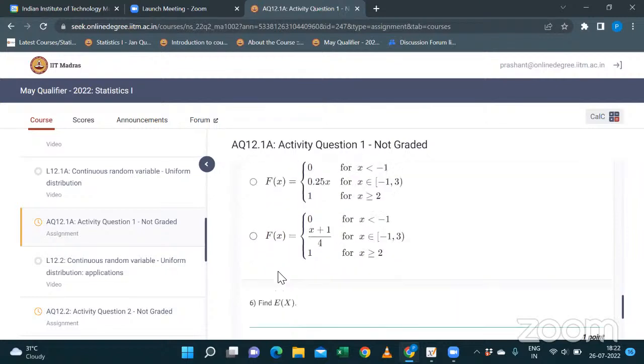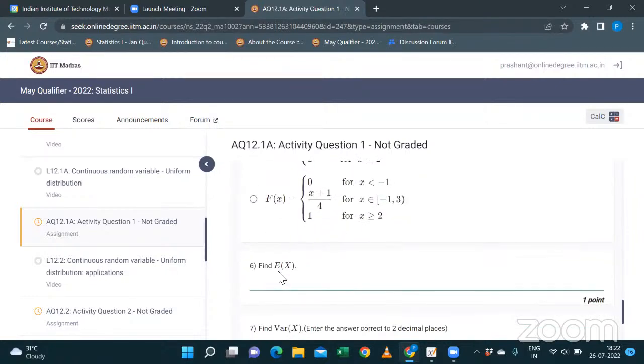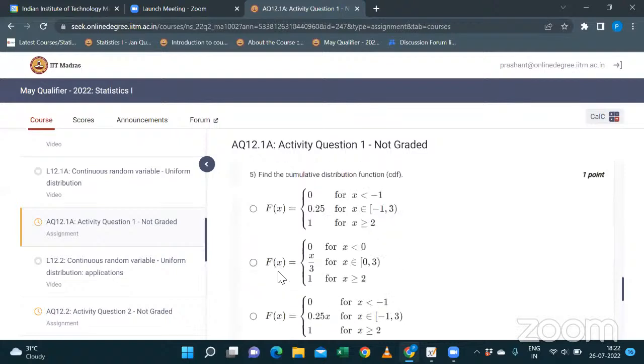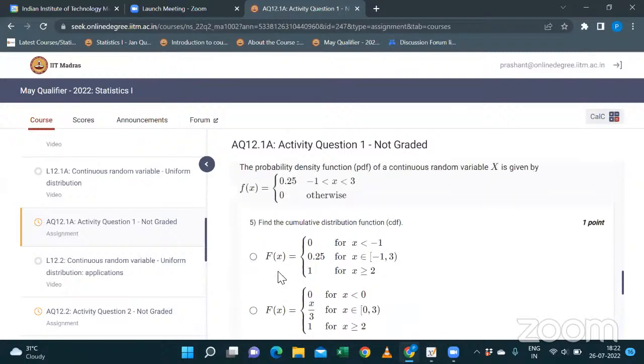What is your doubt in this one? In this one, actually, I have a confusion between options 1 and 3, sir. It is given f of x is 0.25. Okay, somehow I missed that line, sir.